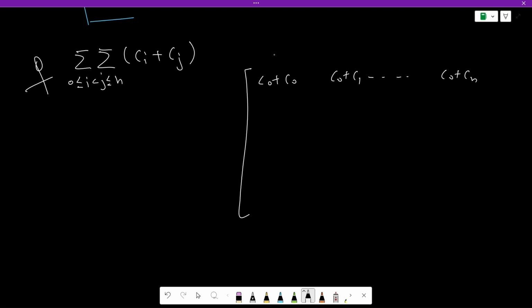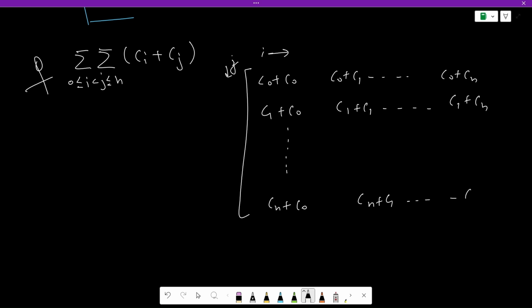So here i and this is j. Now here we have c1 plus c0, c1 plus c1, so on up to c1 plus cn, and this will go up to cn plus c0, cn plus c1, and so on up to cn plus cn. So this is the complete sigma.